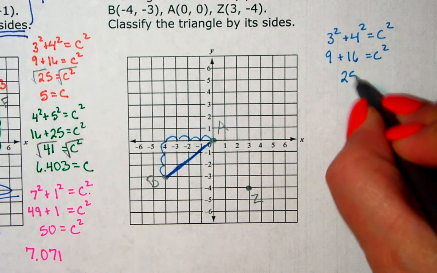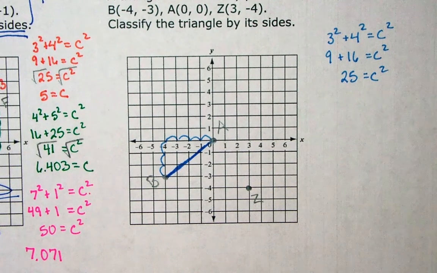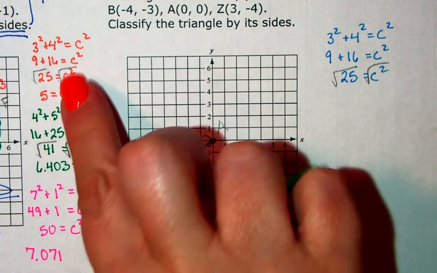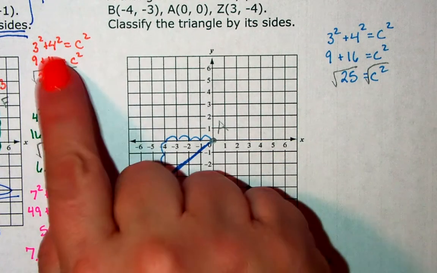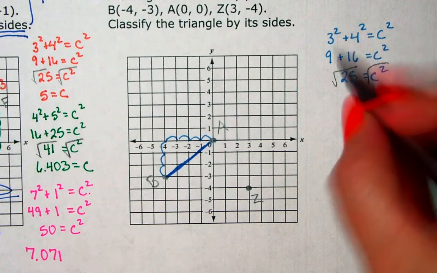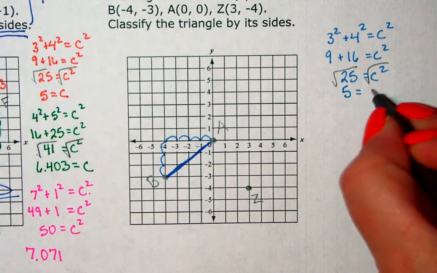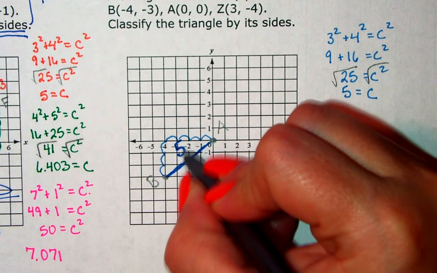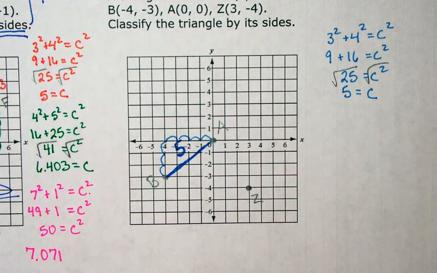So 25 equals c squared. And again, we don't want c squared, we want c, so we're going to square root. And we already did this, right? When I have 3 and 4, I'm always going to end up with 5 for my third side. So this has a length of 5 units.